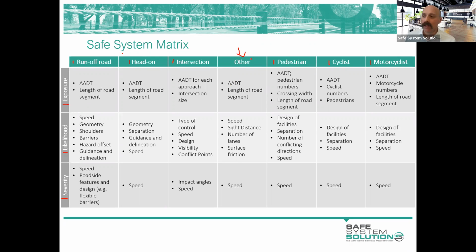So these are your columns, and what we get there is a cell of the matrix for each crash type, and for exposure, for likelihood, and for severity. And what we're going to want to do, in every one of these cells, is to document what factors are making us want to make the score in here higher.